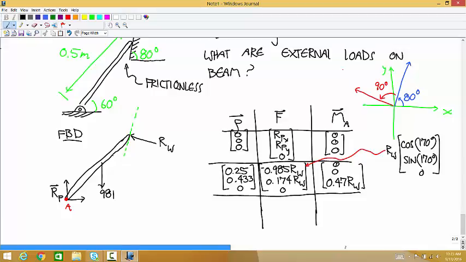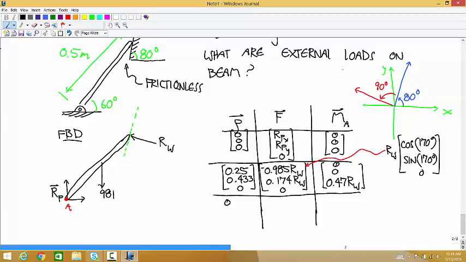And now the last one that we have to deal with is the weight. This is a nice trick, a useful thing. This kind of thing is really useful in this class where you have to do a lot of trigonometry and stuff. If you ever need to find the components of a midpoint between 2 points that you know the coordinates of, just average the 2 points and it'll give you the midpoint. So you can think of this as the average of 0, 0, and 0.25, 0.433.